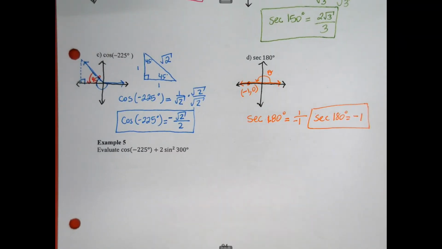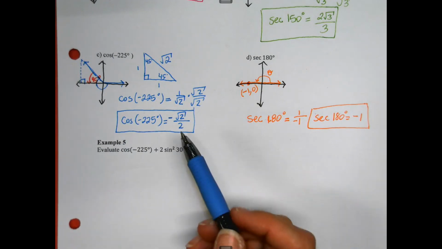Example number 5 says to evaluate the cosine of negative 225 plus 2 sine squared of 300 degrees. We found the cosine of negative 225. That was part C in example number 4.